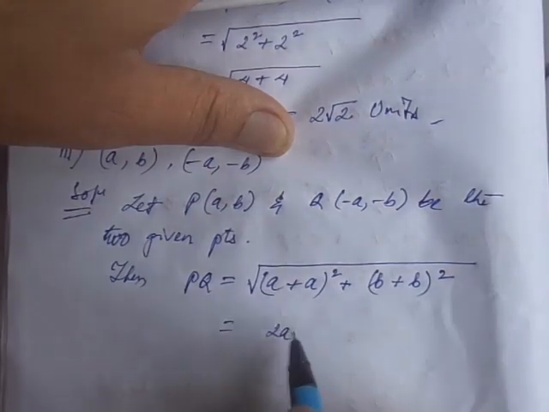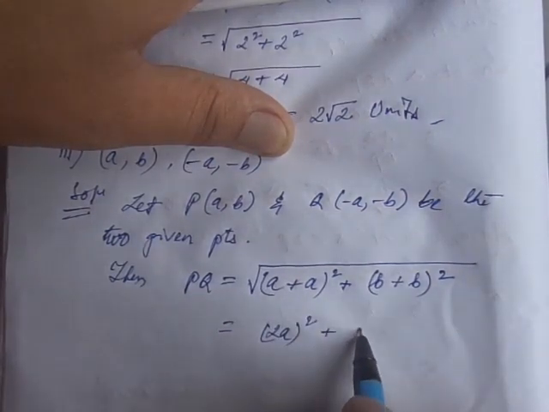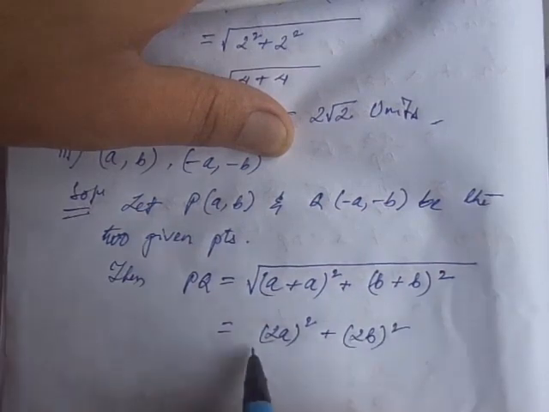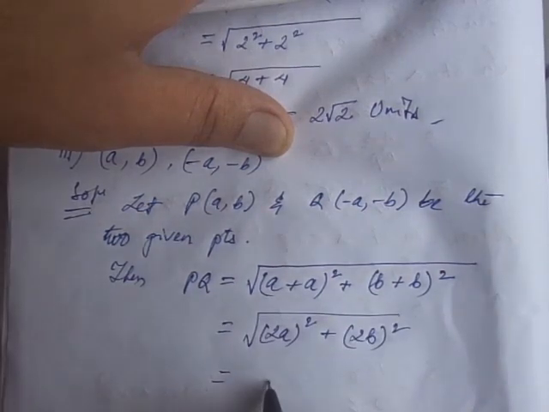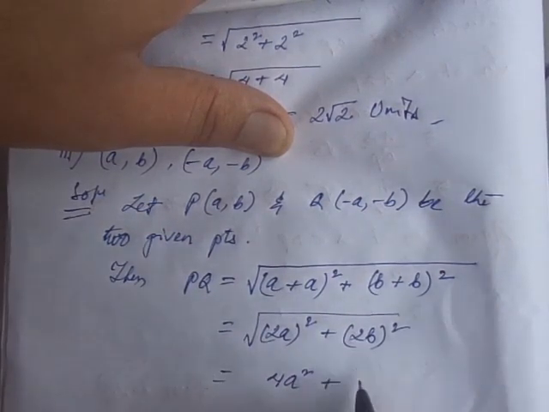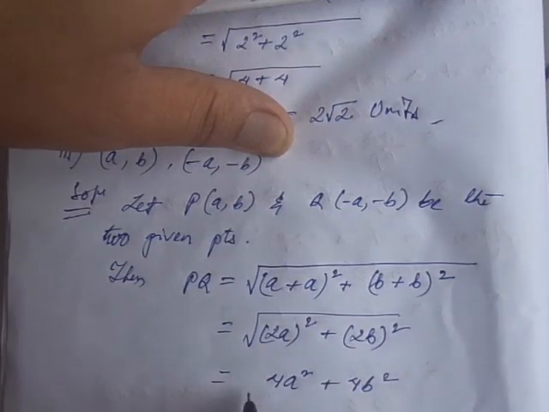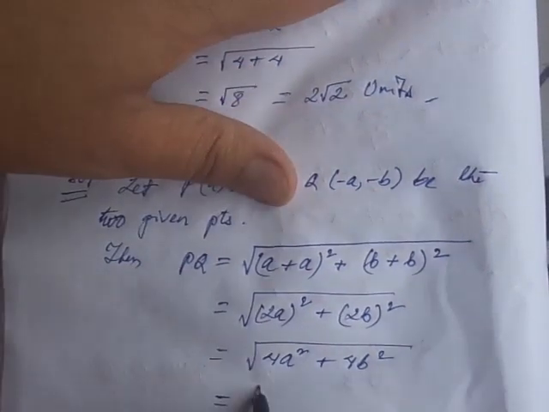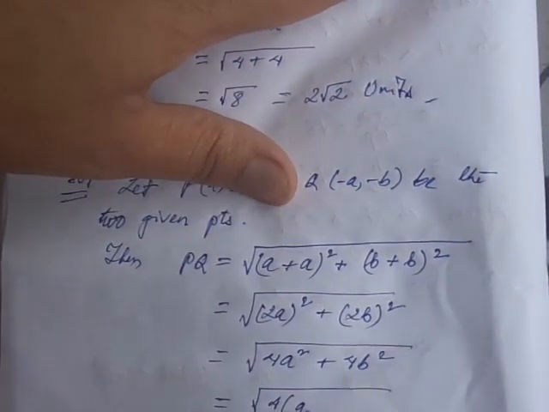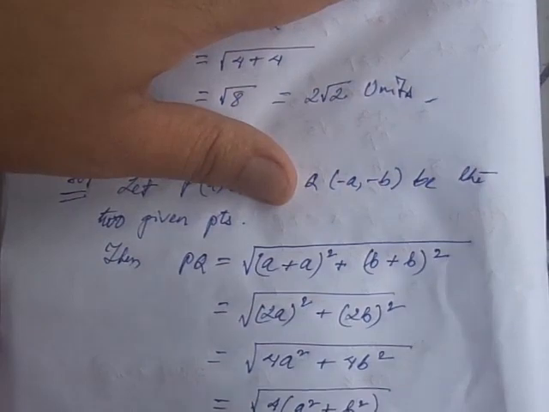So we get (2a) whole square plus (2b) whole square. Then this is 4a square plus 4b square. Now from here we can take 4 common, so 4 times (a square plus b square).